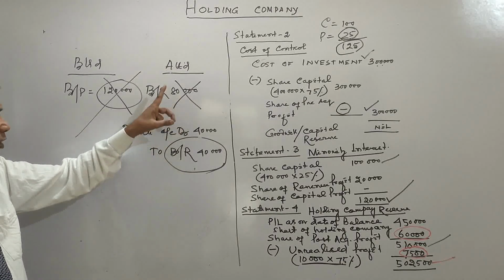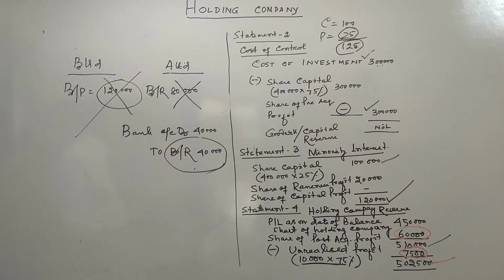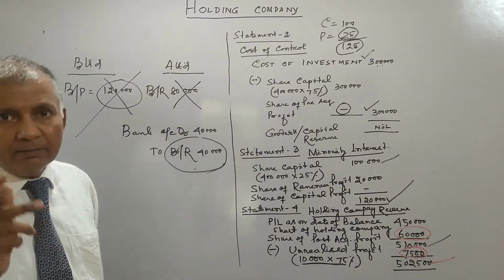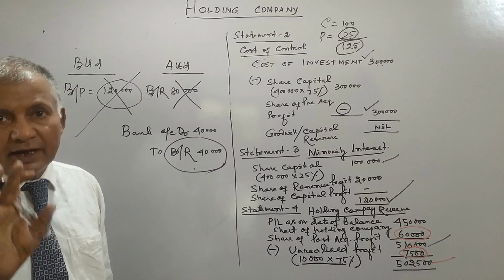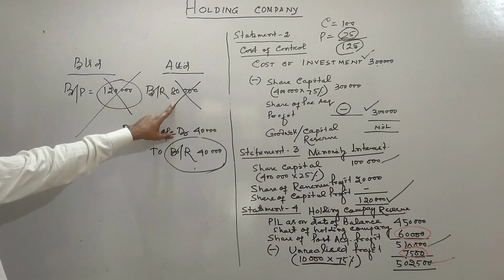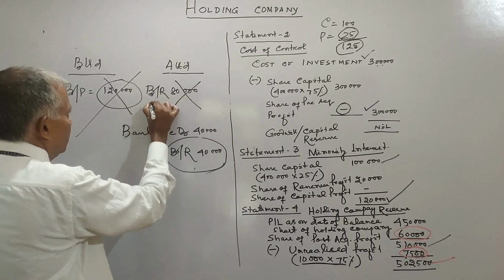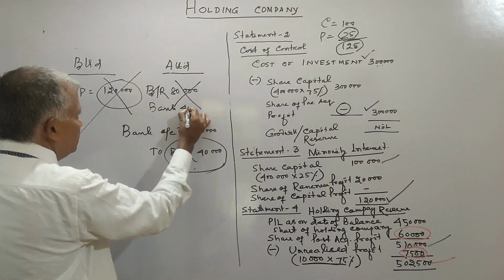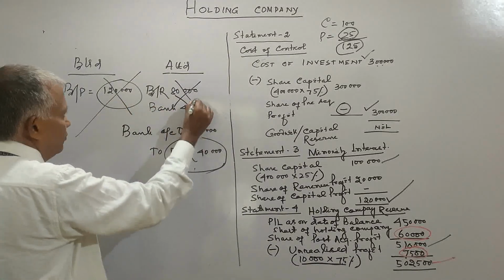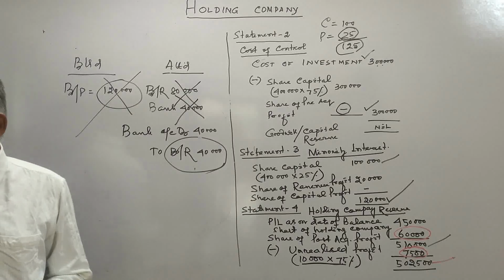So we deduct 40,000 from the cash at bank of A Limited while preparing the balance sheet, so that 1,20,000 and 1,20,000 are cancelled. This is one of the important points.